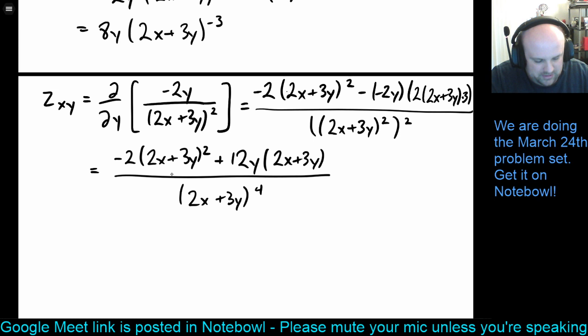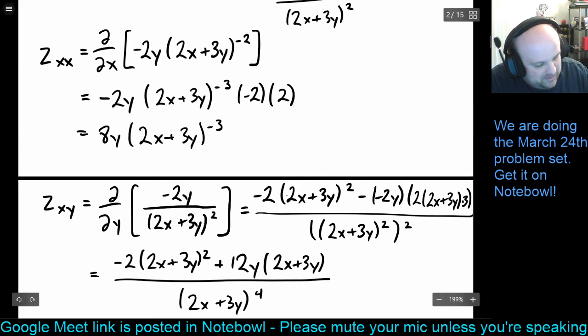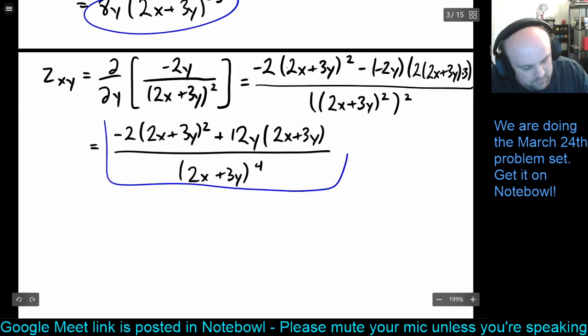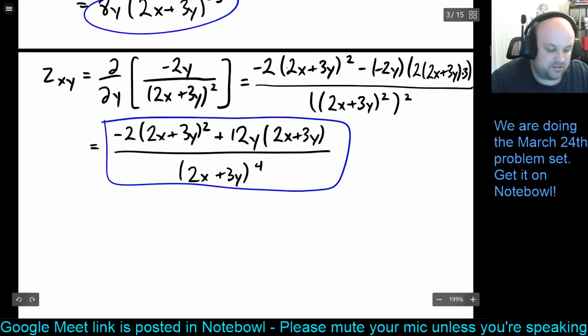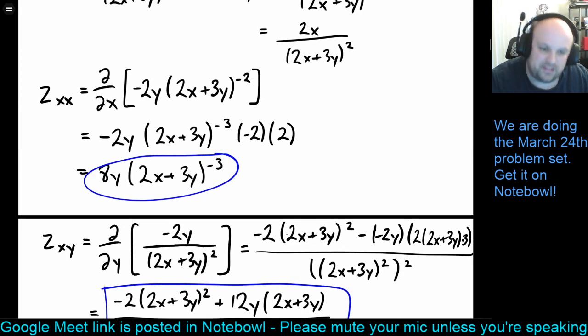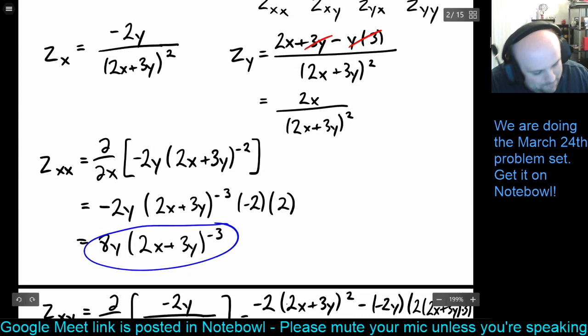We could factor out a 2x plus 3y from the top and cancel it with one on the bottom. There's not a whole bunch of point to do that. So far we've got these two answers. Those are the two second partials where we started with x.